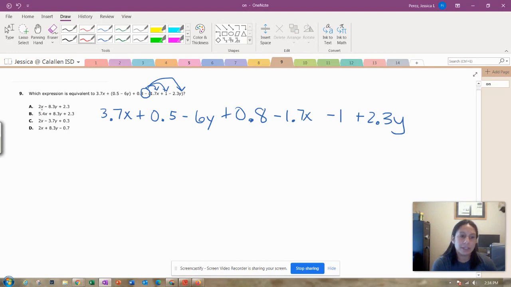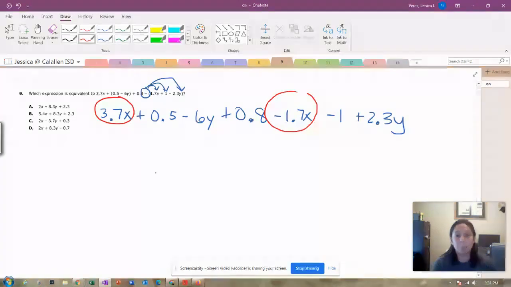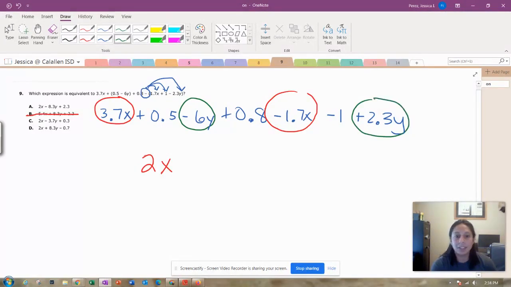Okay, we need to combine like terms. Looking at my answer choices, I have all my x's first, so I'm going to start with those. I have x's here, and I go find all of the other x's. So 3.7x minus 1.7x, that's 2 x's. So cross out B. So far, A, C, and D all have 2 x's. Moving on. The next term they put was y. So I want to put my y and the y together.